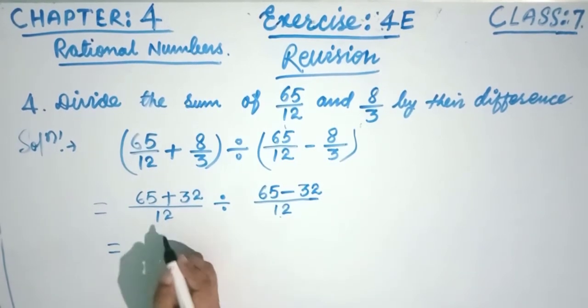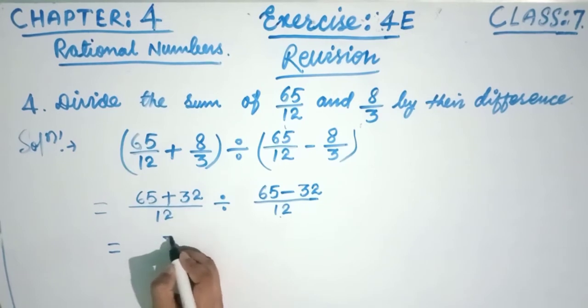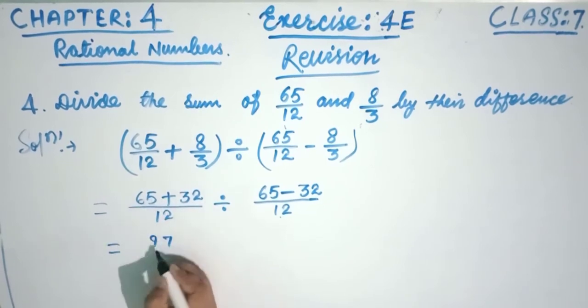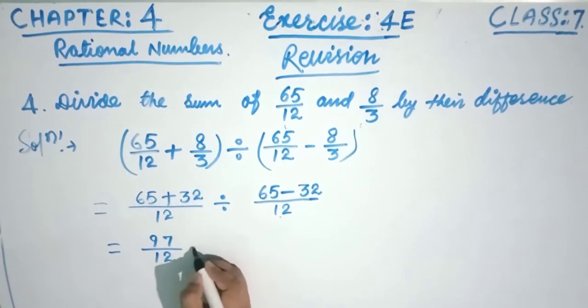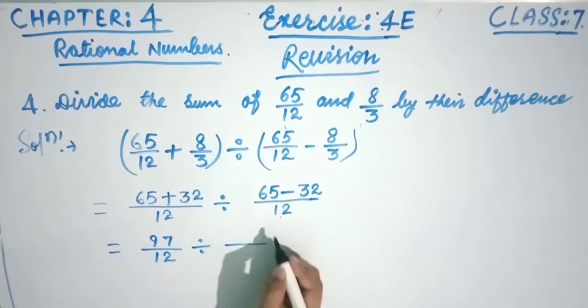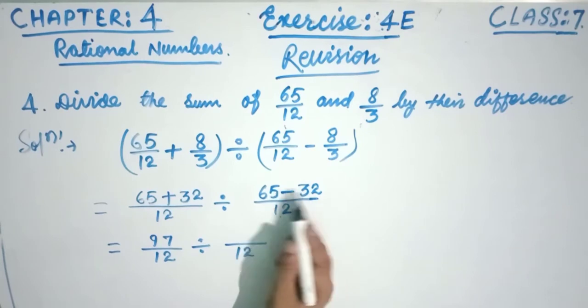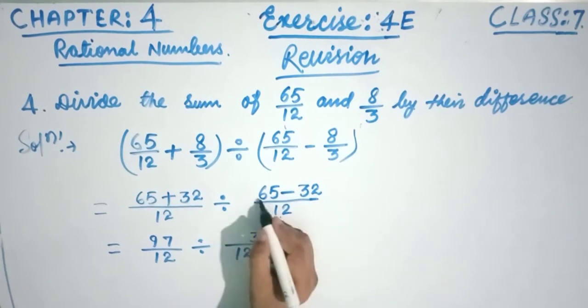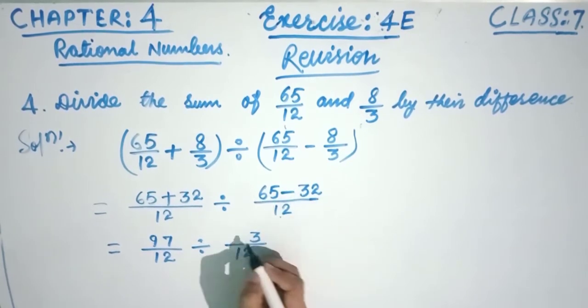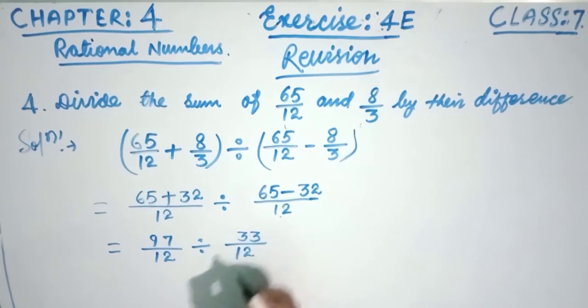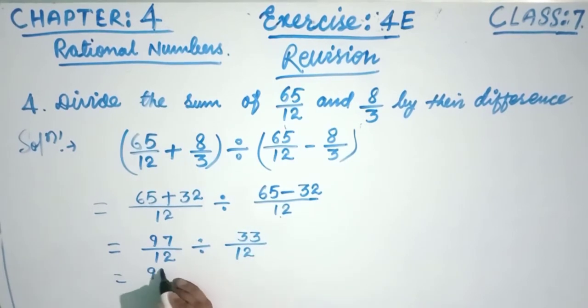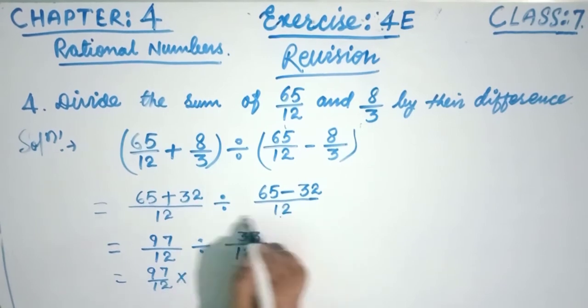Now see, friends, first add the values, 5 plus 2 is 7 and 6 plus 3 is 9, divided by 12. Now, this is 12 as it is in the denominator. Now 65 minus 32 means 5 minus 2 is 3, and 6 minus 3 is 3. So friends, now if we change this operation to multiplication, we have to write the reciprocal of this number.